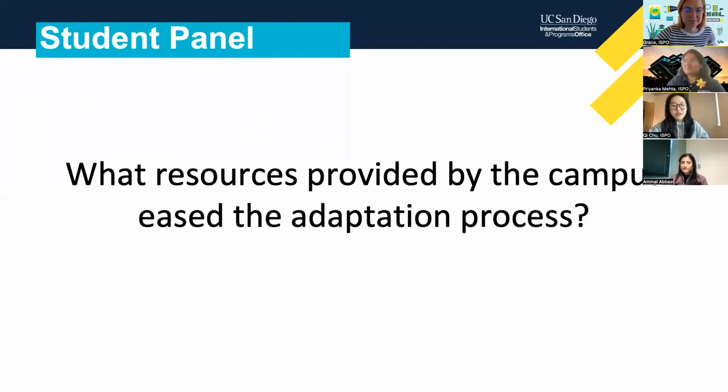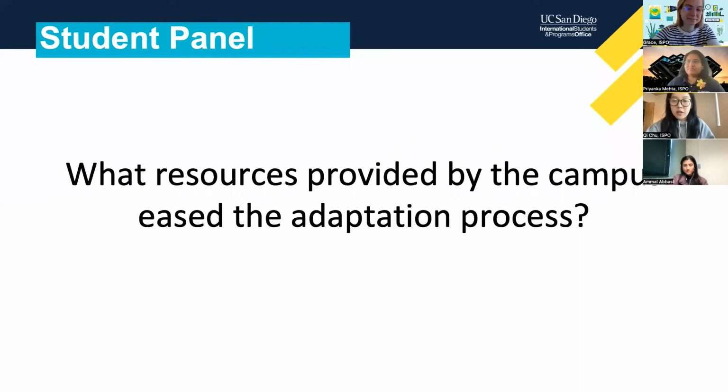I can start first. I think there are resources that really helped me adapt to this new environment when I first came. First is a lot of events that ISPO holds that really give me the opportunity to socialize and get to know a lot of fellow students. I think that's a really important step.